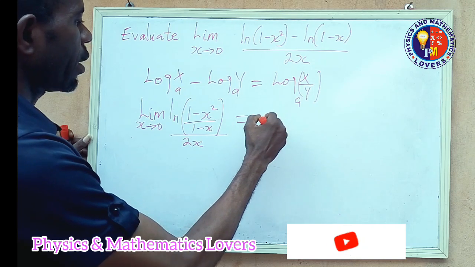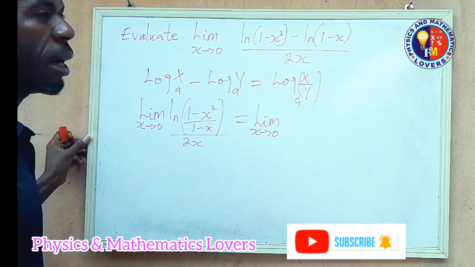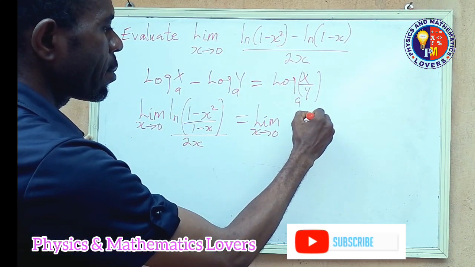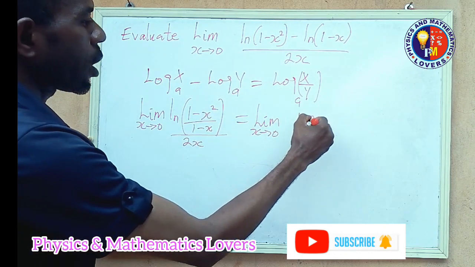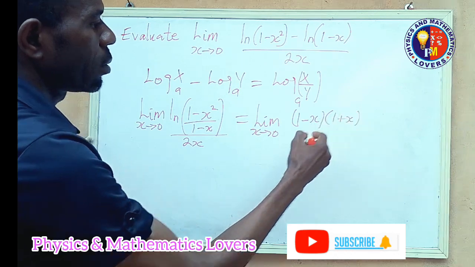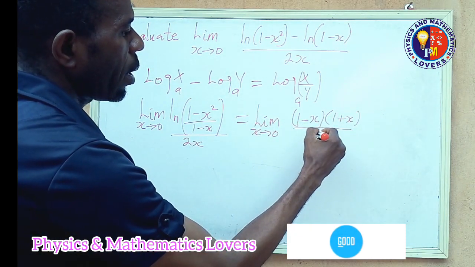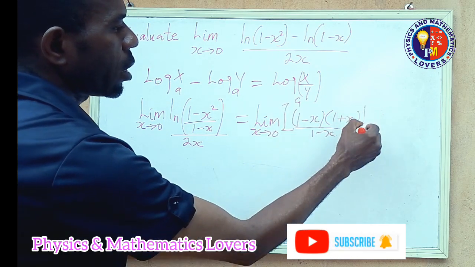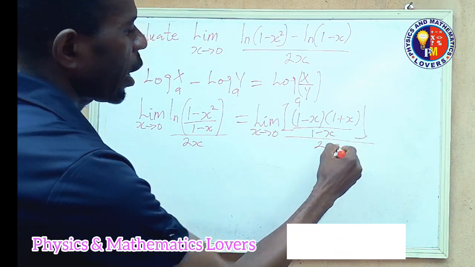So the limit as x tends to 0 becomes ln of (1 minus x)(1 plus x), all over (1 minus x), everything over 2x.